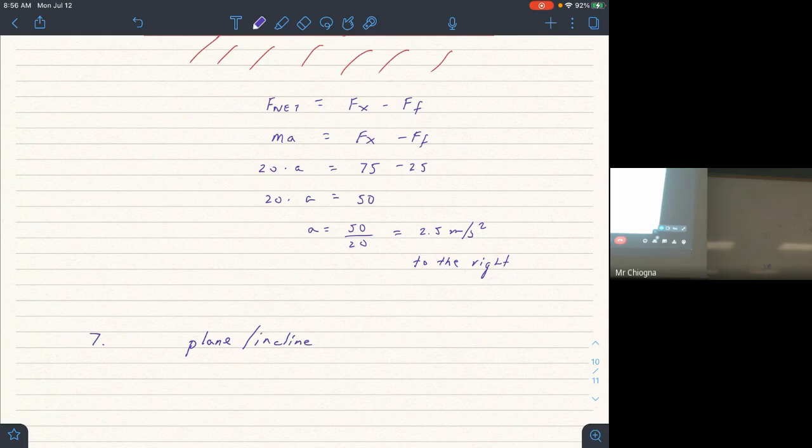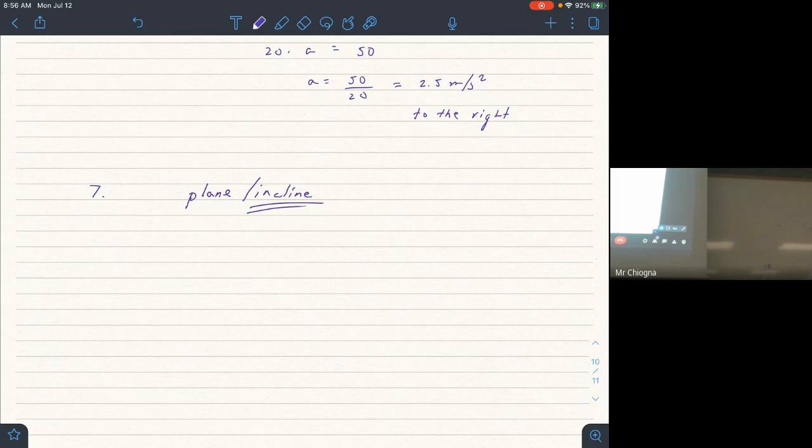Or slope. Plane that's inclined. Okay, this is actually the word you're looking for, inclined. This plane is inclined at 15 degrees. That's the word. Incline or slope.